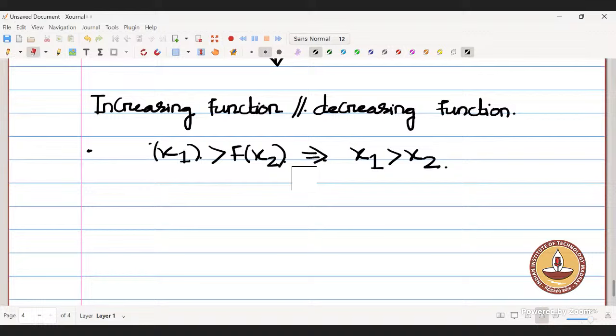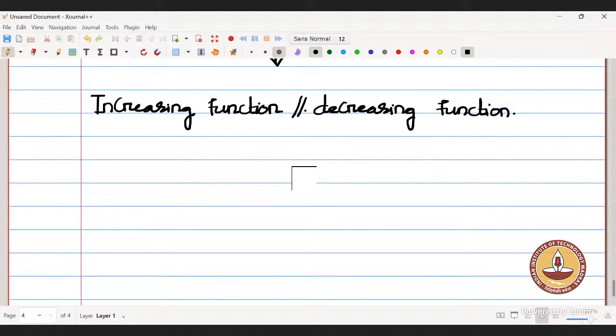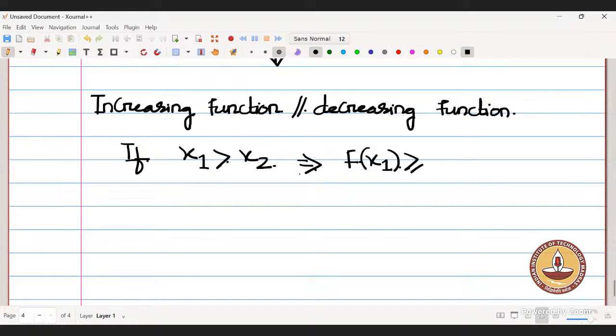Again, it's better to write it the other way. If x1 is greater than x2, then this should imply that f of x1 is greater than or equal to f of x2.